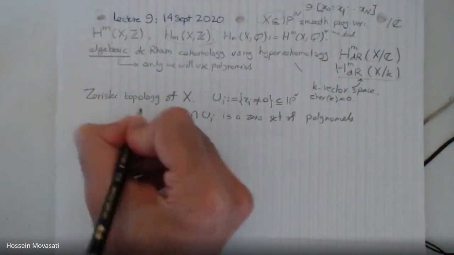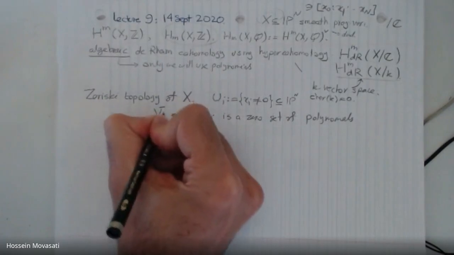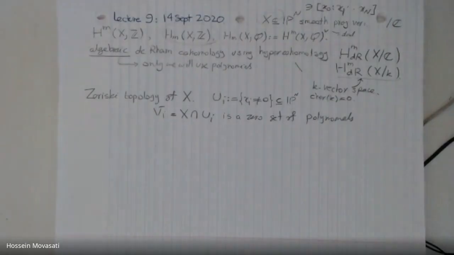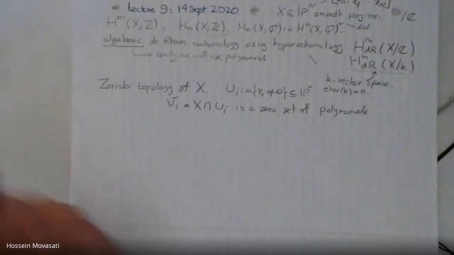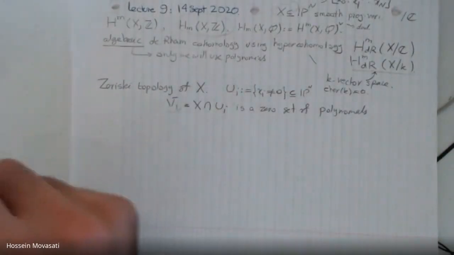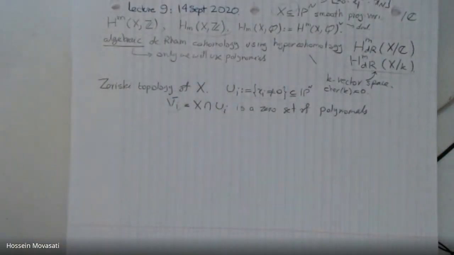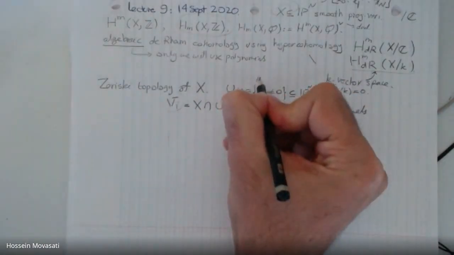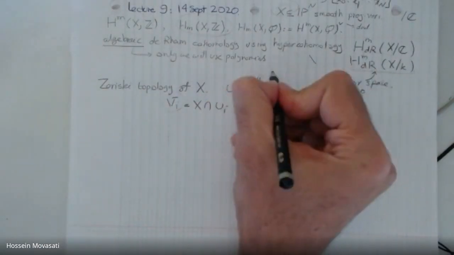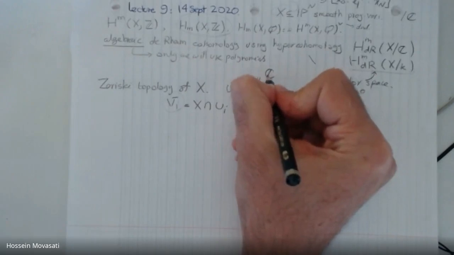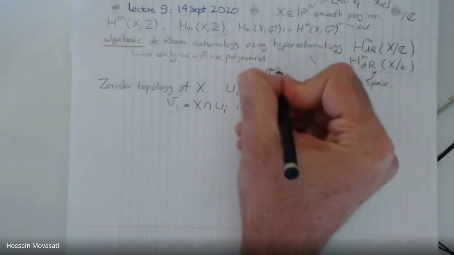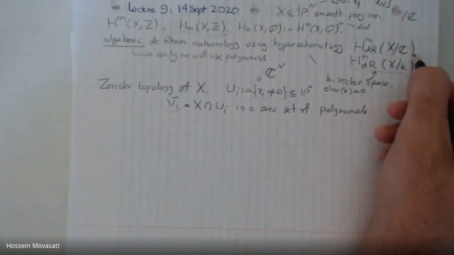Let's call this one V_i. In order to find a topology on V_i, we need to define the topology on U_i. You see that these U_i are isomorphic to C^n.